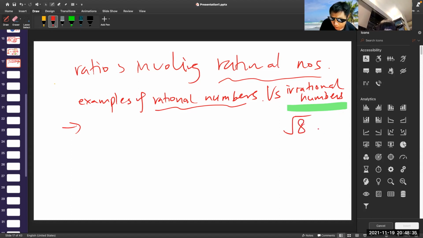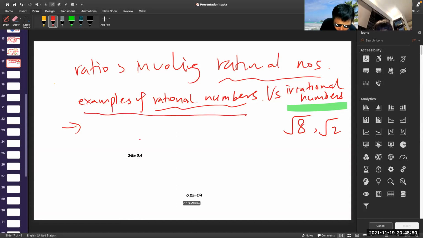Okay. Square root 2. All right. So these are irrational numbers. So that means as long as they are different from these two, then they are examples of rational numbers. So I will group them into what? Yeah. So you are actually trying to tell me what are some examples of rational numbers, but I'm going to give you a system.